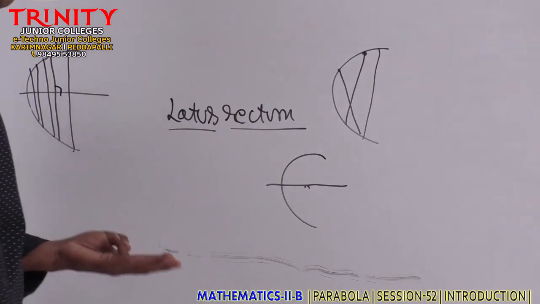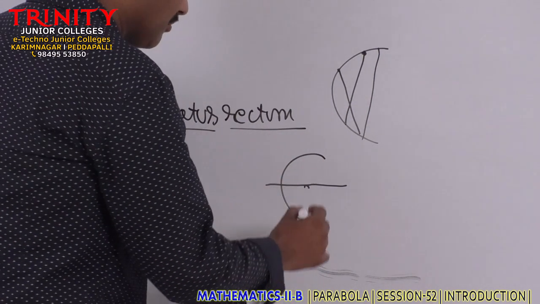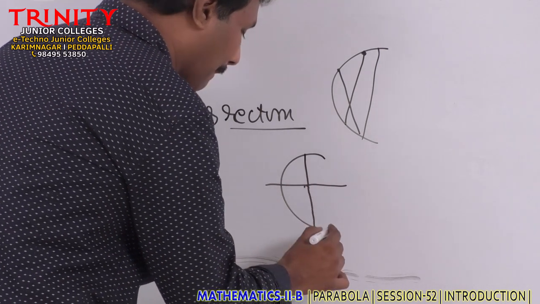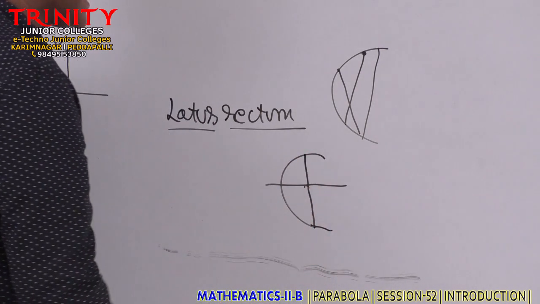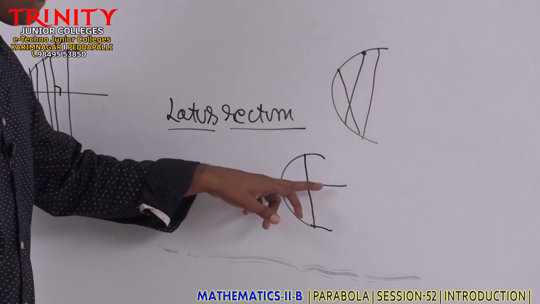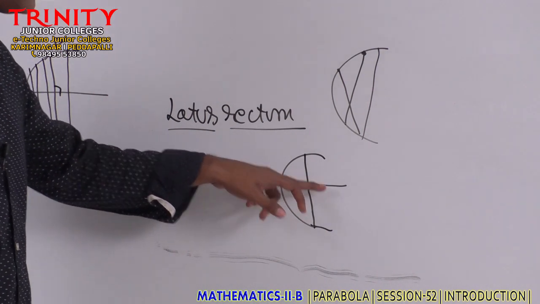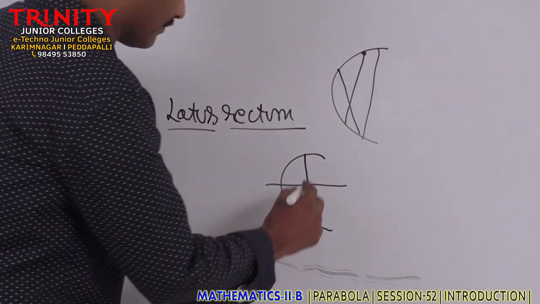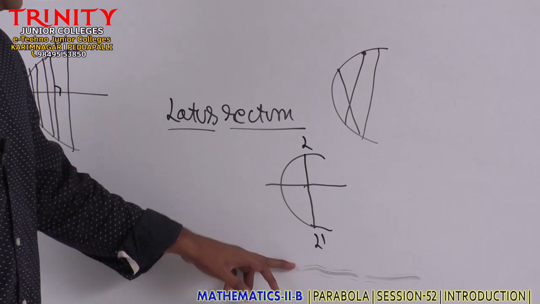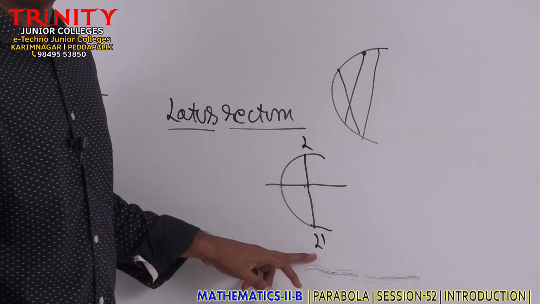Latus rectum are generally denoted by the points L, L dash.